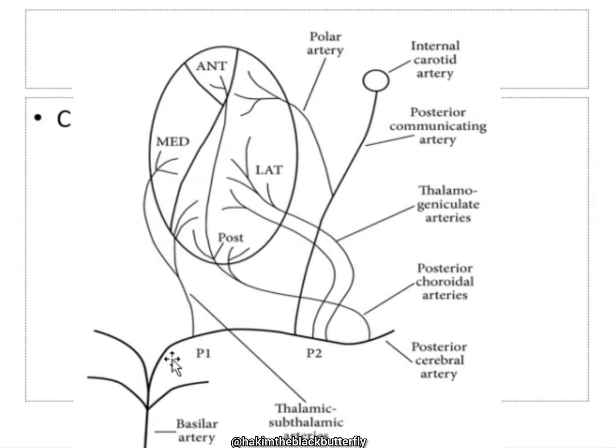So part 1 of the posterior cerebral artery gives off the thalamic subthalamic artery, which is going to supply the medial nuclei around there and parts of the posterior nuclei. The thalamic subthalamic artery.